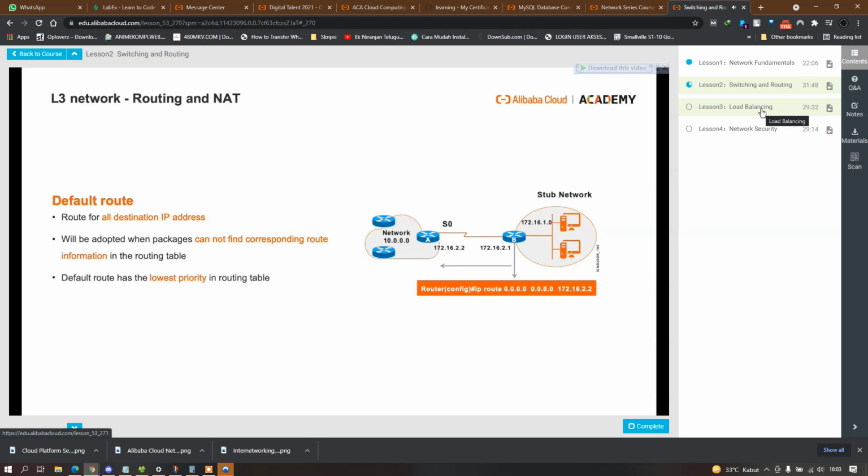But it will be adopted when the packet cannot find the corresponding route information in the routing table, which means the default route has the lowest priority. Only if the packet cannot find exact corresponding routing information in the routing table, it will use the default route to go to the next hop. So this is how the default route works.